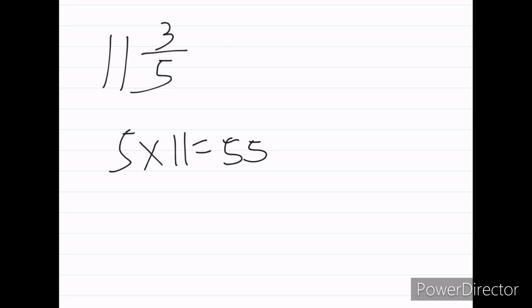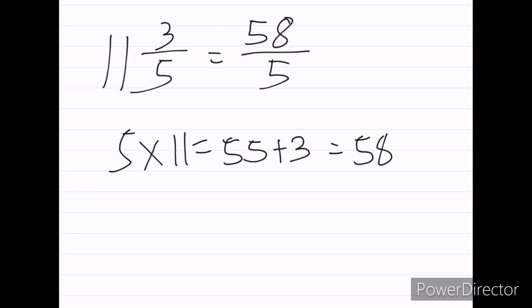Then, add the numerator, which is 3, to the product. So 55 plus 3 is equal to 58. So therefore, your numerator is 58 and copy the denominator, which is 5. So 11 and 3/5 is equal to 58 over 5.